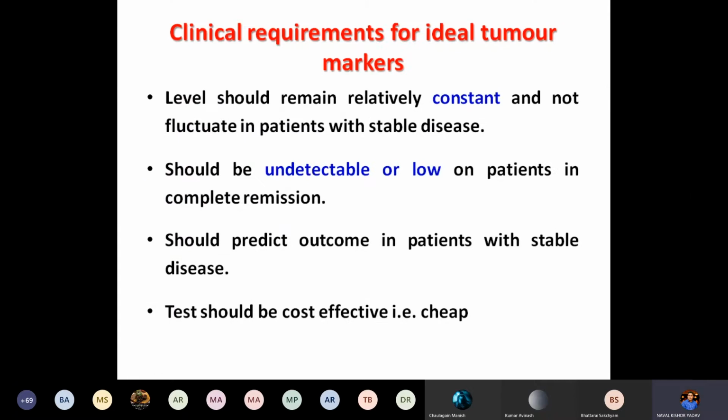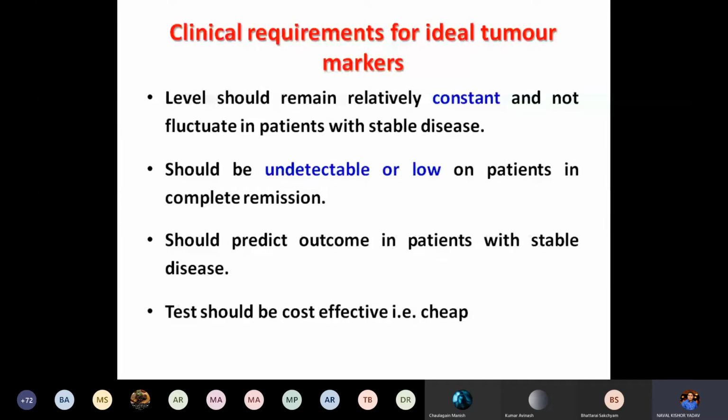The level should remain relatively constant and not fluctuate in a patient with stable disease. If you measure it today and later, it should be constant, not fluctuating too much, for stable disease. If the disease is growing, the level can fluctuate, but if the disease is stable, it should be constant.